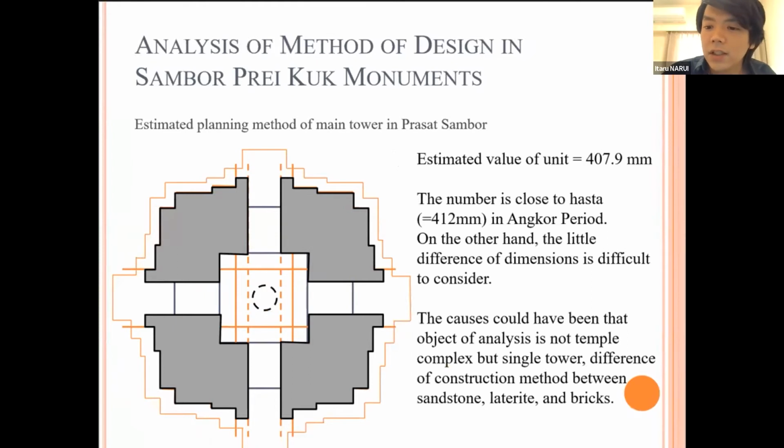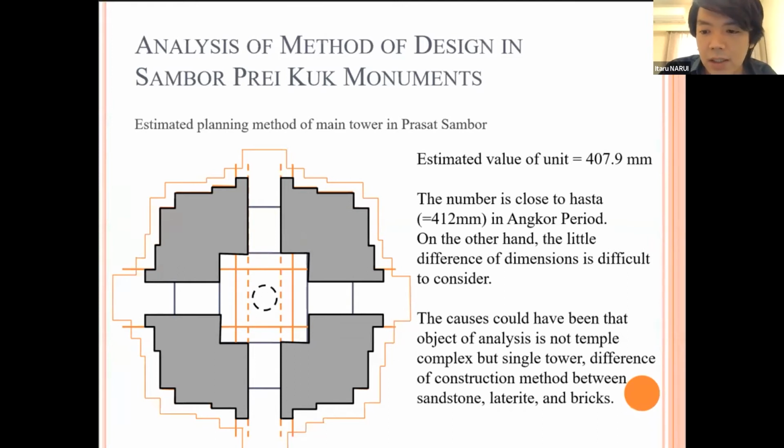In the central tower of Prasat Sambor, the value of the unit is estimated at about 407.9 millimeters. The number is close to the hasta in the Angkor period. On the other hand, the little difference of dimensions is difficult to consider.